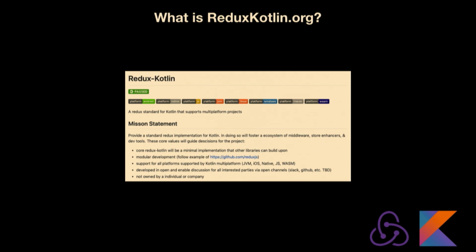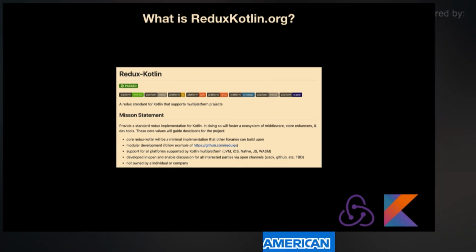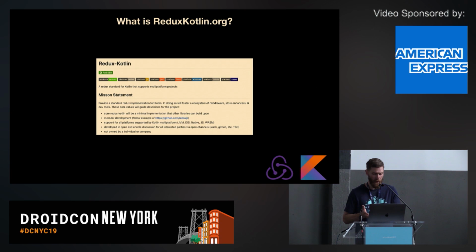So I think by closely following JavaScript Redux example, that'll make porting other middleware and dev tools easier. In addition, sharing ideas and possibly code with web teams will be easier. And there's no reason why you couldn't share code between iOS, Android, and the web using Redux for state management.